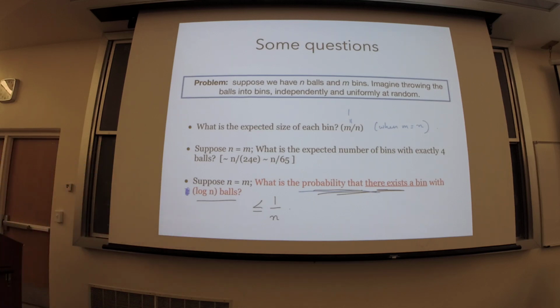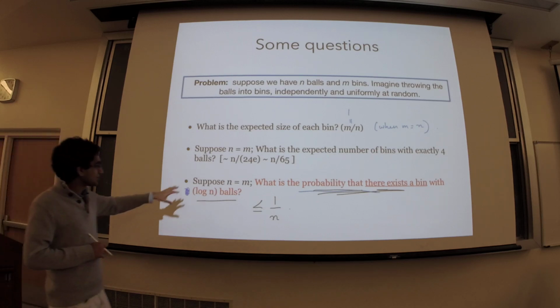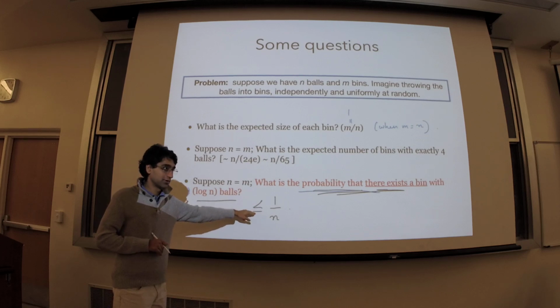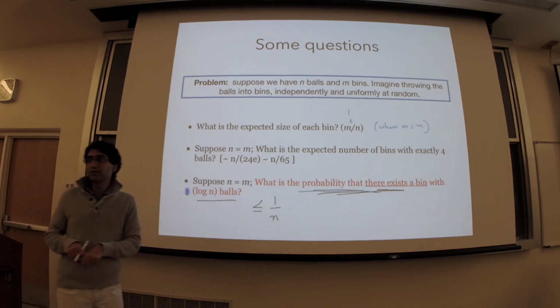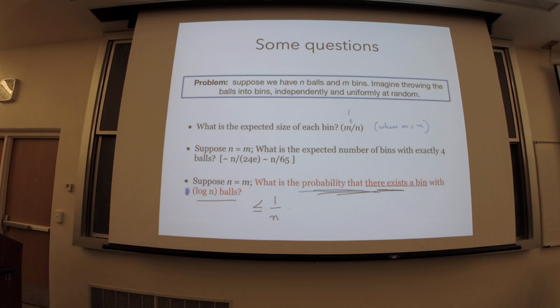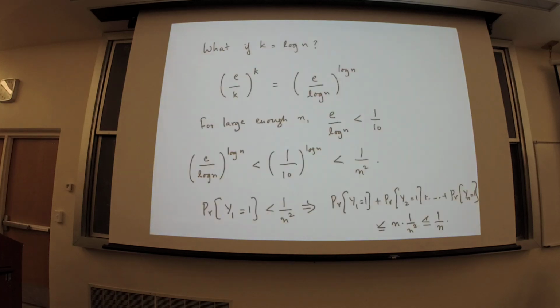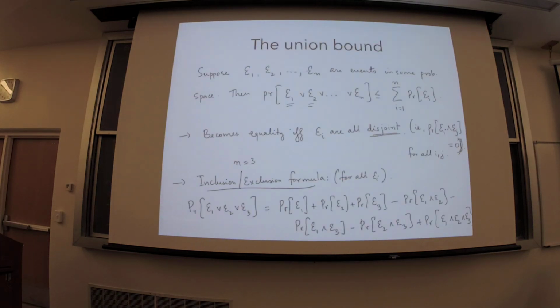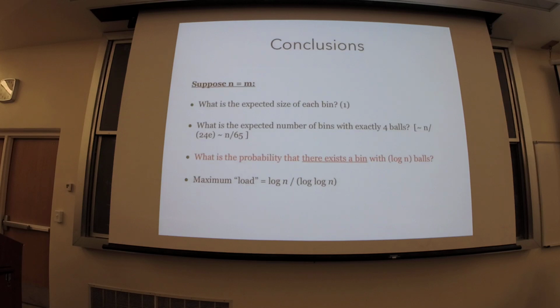So that's the general story of balls in bins when n equals m. Now you might ask, this is only an upper bound. Is it actually true that there are bins that have something close to log n? It turns out that that is unfortunately true.